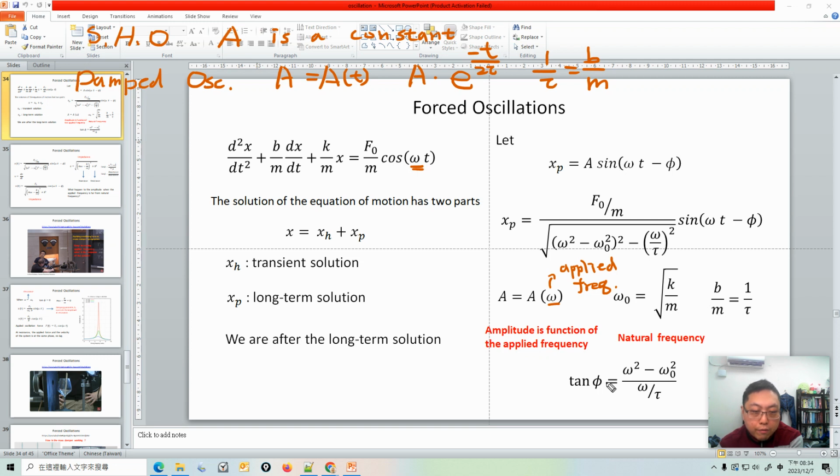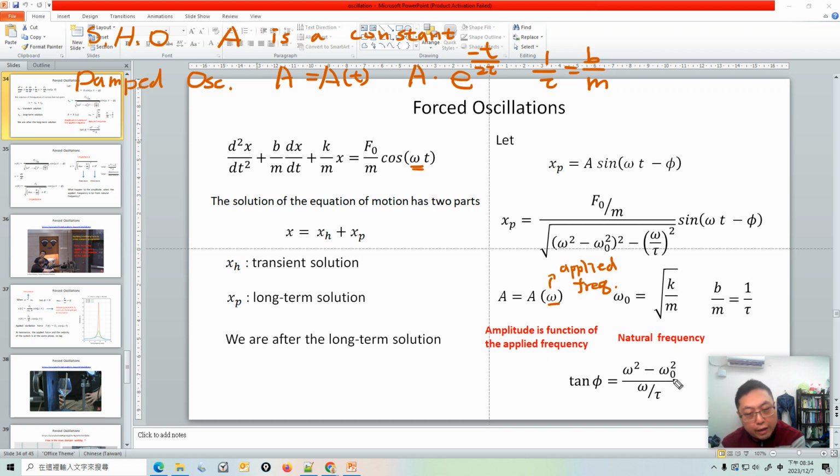In the previous video, we already got a relationship for the phase constant phi. When the applied frequency is not equal to the natural frequency, you will have a phase lag. That means the system cannot respond to the applied force immediately; there will be a lag.